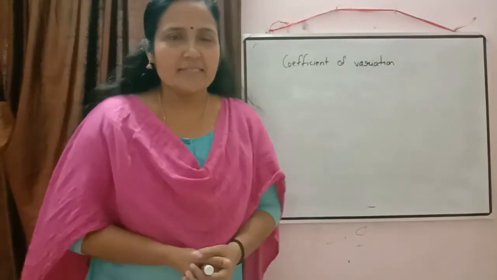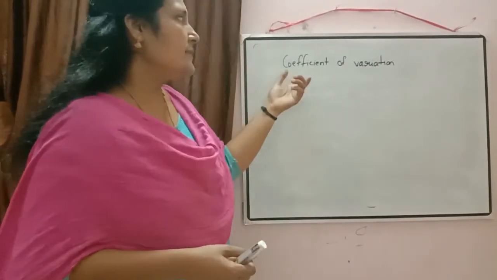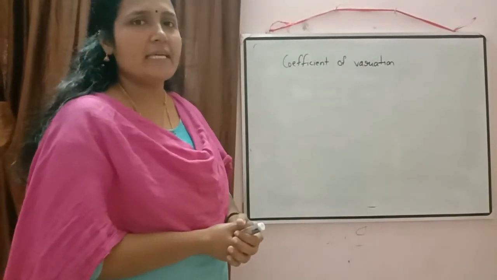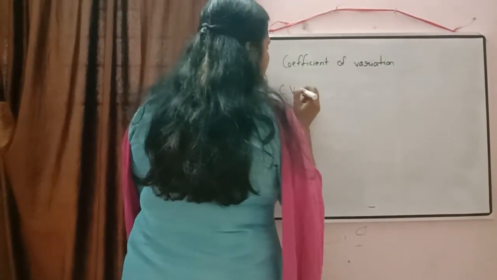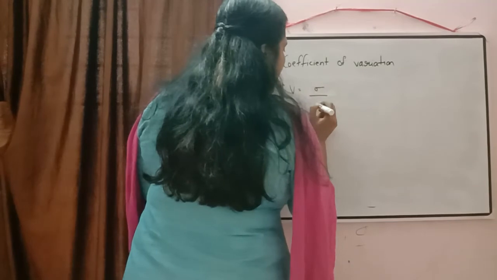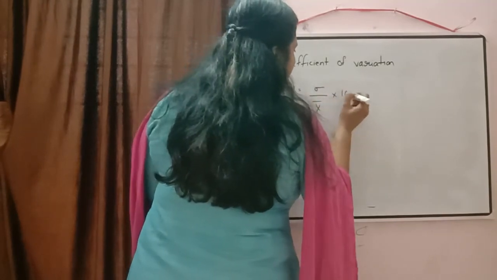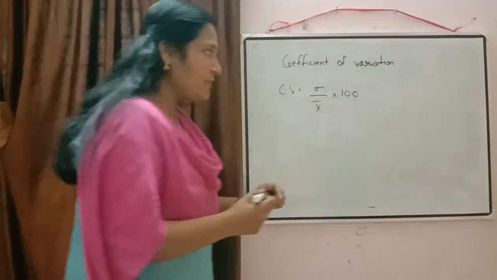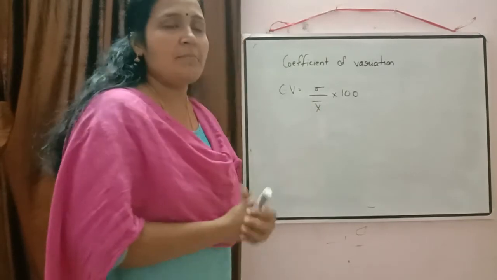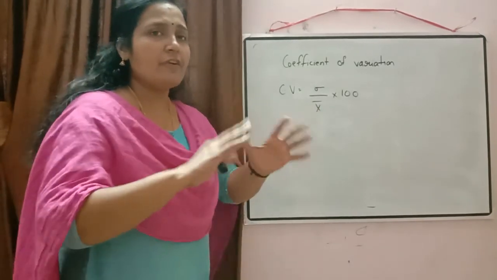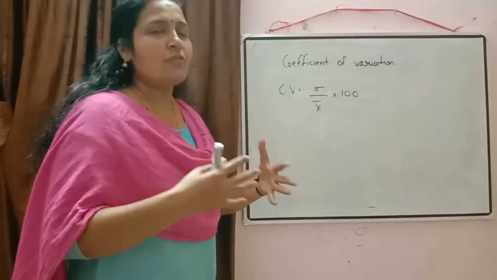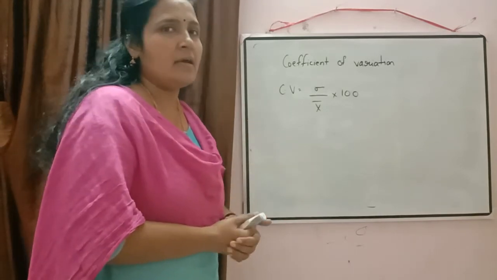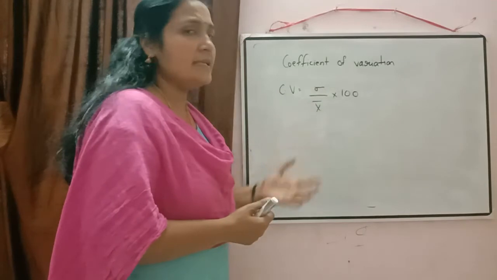So in this chapter one more topic is there, that is the coefficient of variation. Coefficient of variation is denoted by CV and is given by sigma by x bar into 100. Normally this concept is used like if two teams are there, whose performance is more consistent or whose performance is more variable, that we will calculate using this formula.